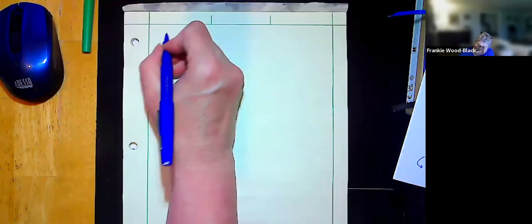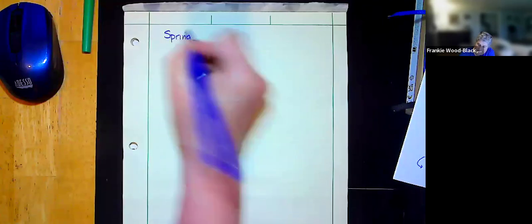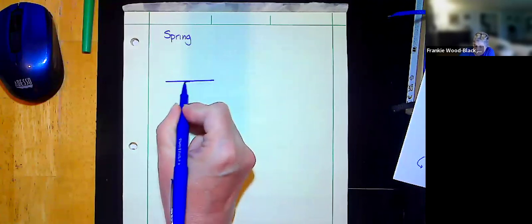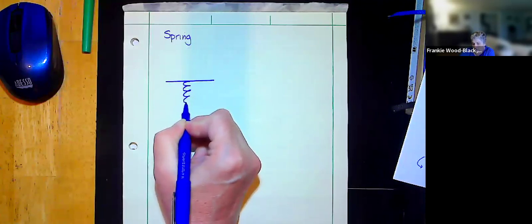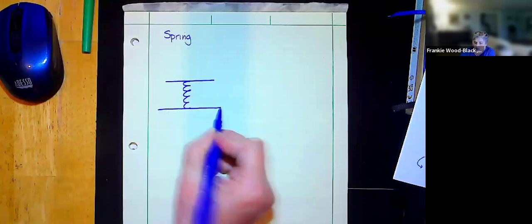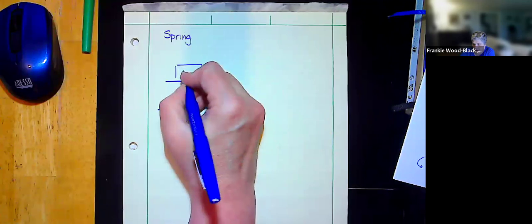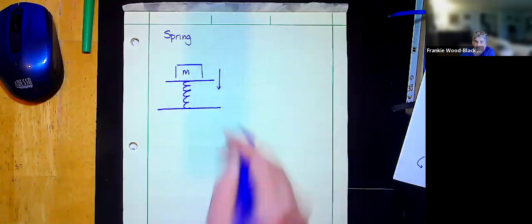Okay, so let's look at a spring. First of all, we're going to start with a spring on a platform, and we're going to put a mass on my spring. That's going to compress my spring.